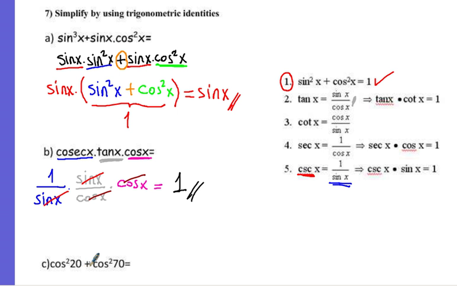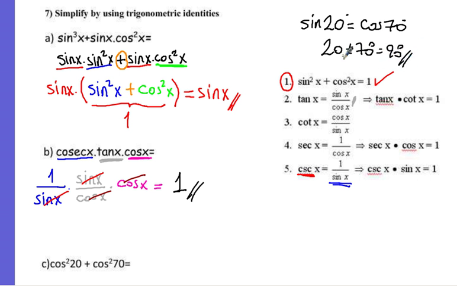Okay, the C1, cosine square 20 plus cosine square 70. Let's remember, we know this, sine 20 is equal to cosine 70. It's because 20 plus 70 is equal to 90 degree.